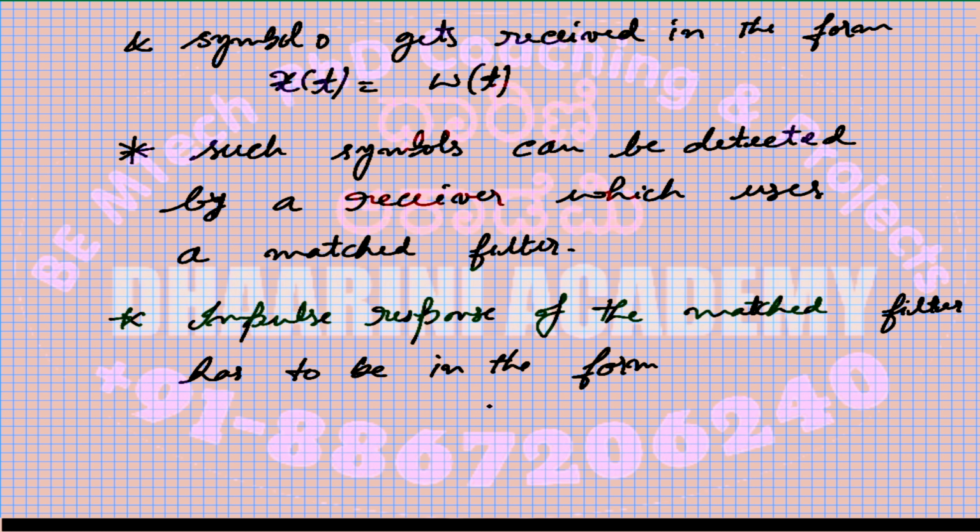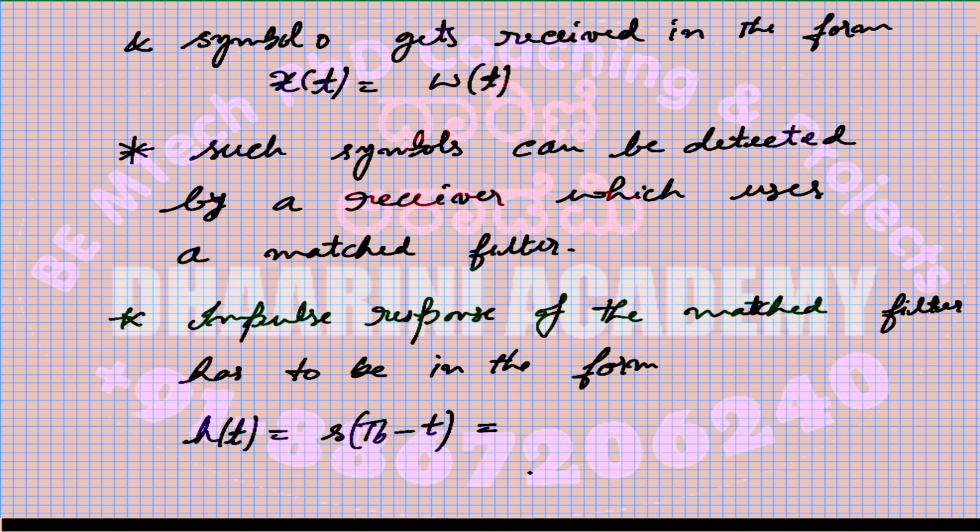The form is pretty straightforward. So we can write the h of t. H of t is the impulse response of a system. This is s of capital TB minus t. So s of t I know, I just have to replace t by capital TB minus t.